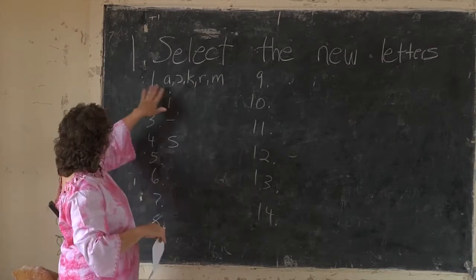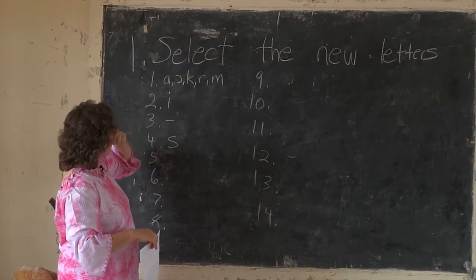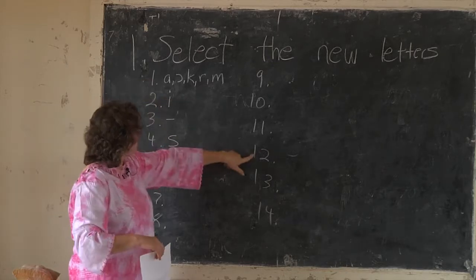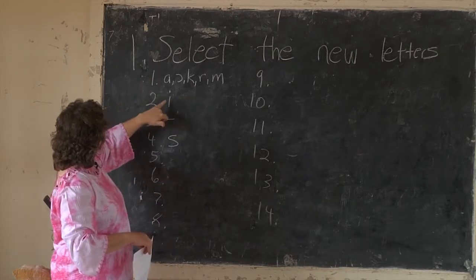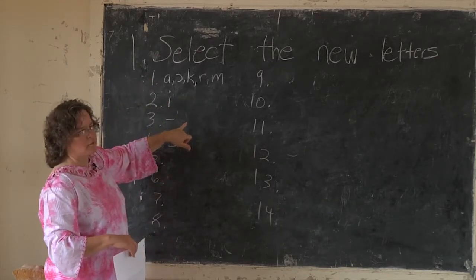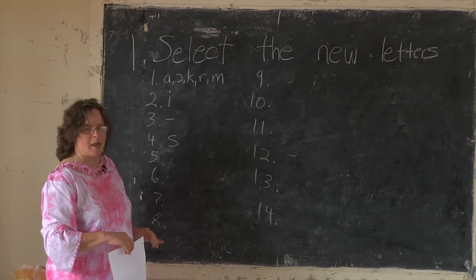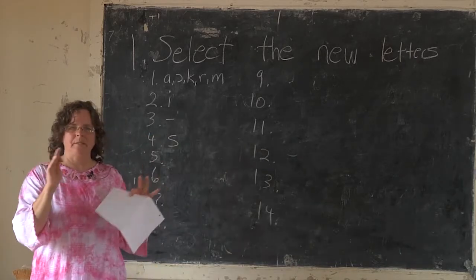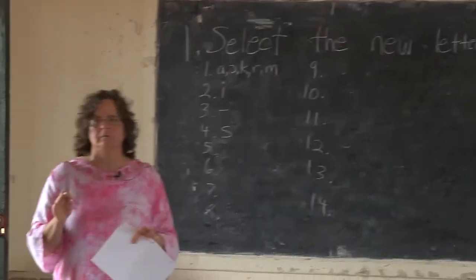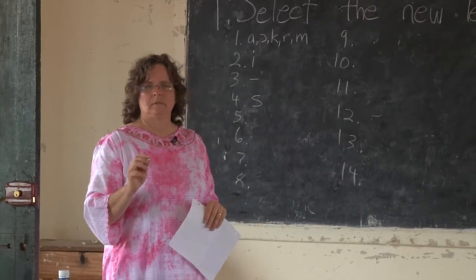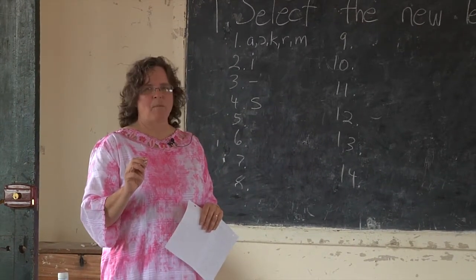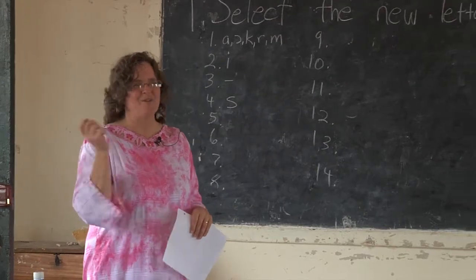So after lesson 1, if at all possible between 1 and 12, you will only add 1 new letter or no new letters per lesson. Does anybody think why we might limit the number of new letters? Some of you have had this course before. I know you know this answer.